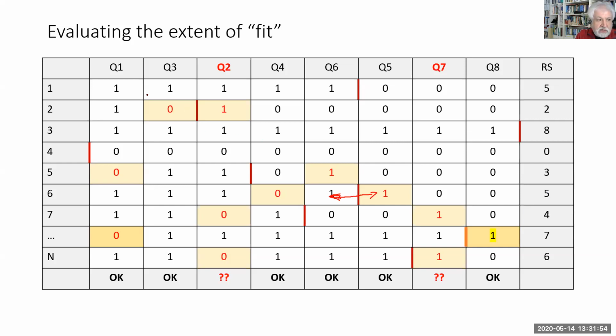If row score is 1, the position will be here. We have no case. If row score is 2, the position here. If row score is 3, the position here. Row score 4 is here. Row score 5 would be here. Row score 6 would be here. Row score 7 would be here. This is the sufficiency of the row score. Given the row score, I know how to classify them, how to position them.